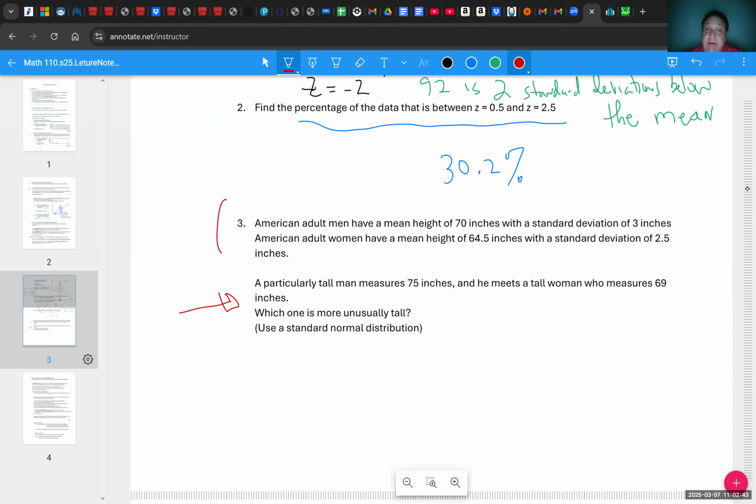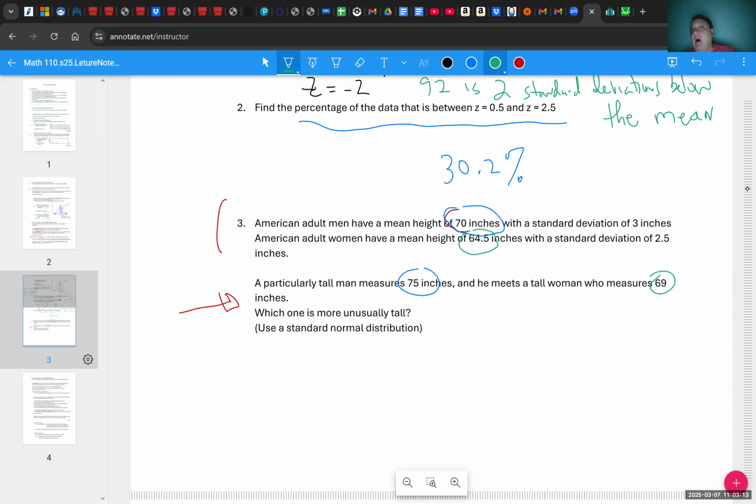Now, both of them are tall because for men, on average, the mean height is 70, right? So we know that if you're taller than 70, that means you are taller than average. So this man is 75 inches, taller than the mean American adult man. And likewise, the average woman is 64.5 and she's 69.